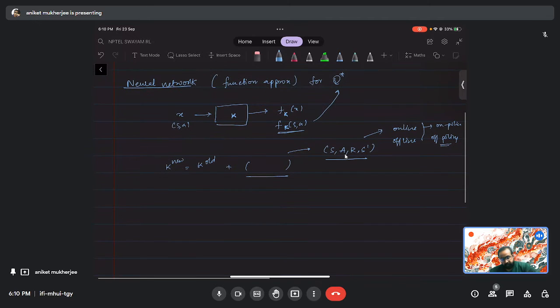But here, suppose you pick S0, A0 and you get R0 and S1. Depending on your initial policy, you pick an A1, you get R1, you go to S2.